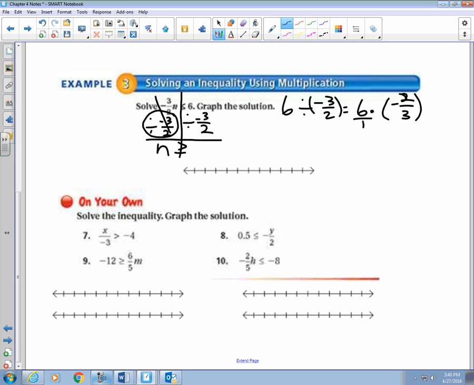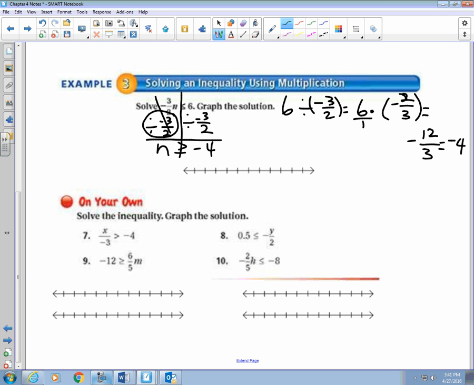A positive times a negative is going to give me a negative answer. In the numerator, I have 6 times 2, which is 12. In the denominator, I have 1 times 3, which is 3. And I can simplify that. 12 divided by 3 is 4, so it equals -4. Okay, so that's going to come over here, -4. So n can be greater than or equal to -4. And remember, we divided by a negative number to solve the inequality, so we have to flip the inequality symbol.